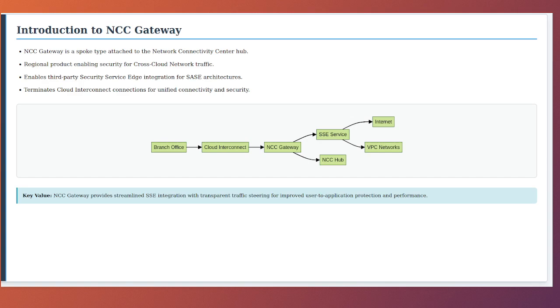This is particularly valuable for organizations adopting SASE frameworks where security needs to be applied consistently across all network paths. NCC Gateway supports regional deployment, meaning you can deploy it in various regions based on physical proximity to your data centers or other cloud providers. This geographic flexibility ensures optimal latency and performance for your security processing needs.